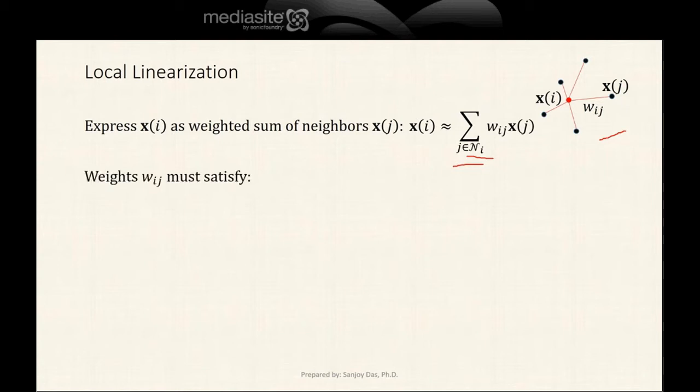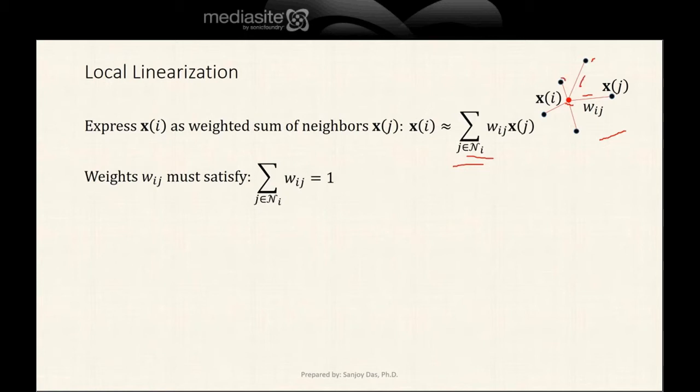Now, these weights must satisfy two conditions, actually one condition. Summation over j of wij should be equal to 1. In other words, this is a sample point xi, and this is xj. If this is point 1, then this is wi1.